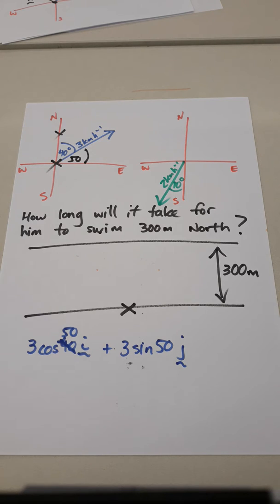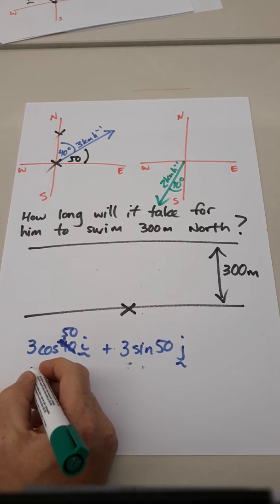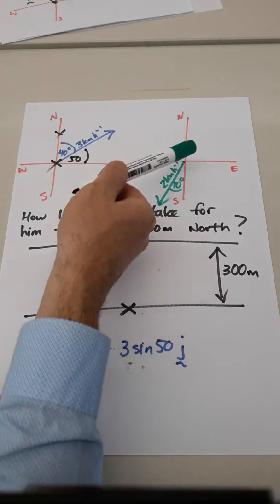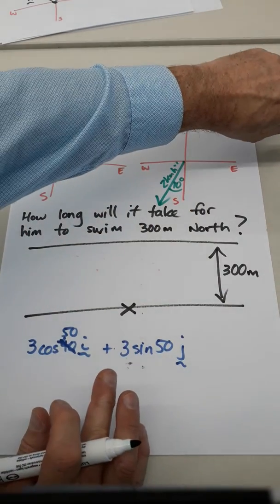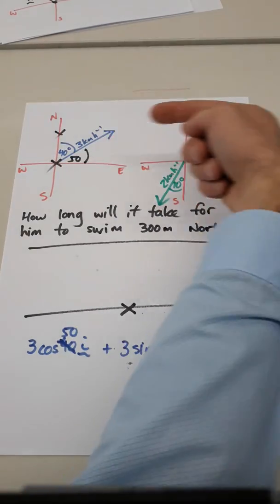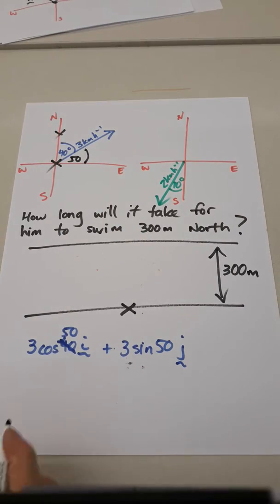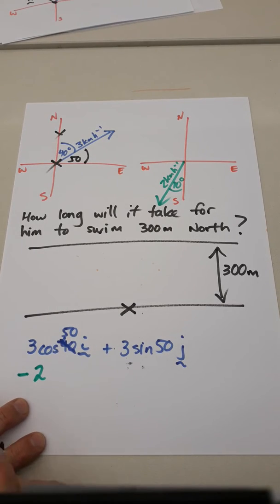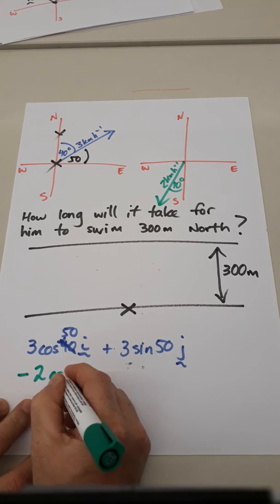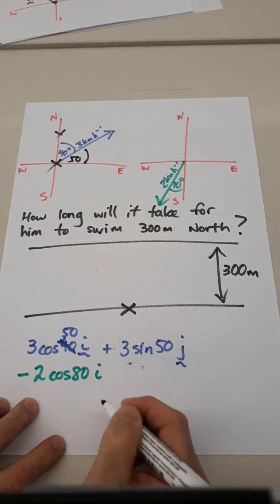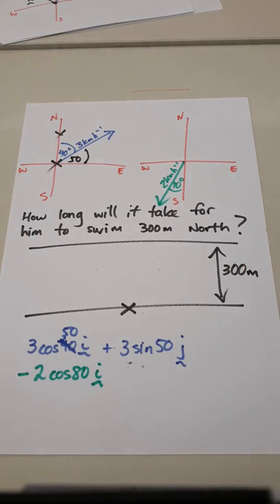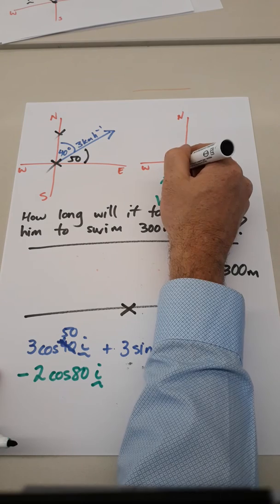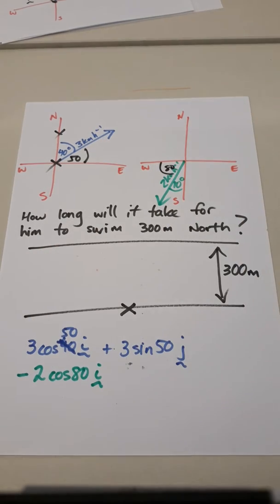Now, what about the current? What's its vector? Now, with respect to i, which is out that way, this vector has got a negative amount of i, doesn't it? So it's going to be negative 2 cos 80i. And the reason I chose 80 again is I've got that angle in there, which is 80.